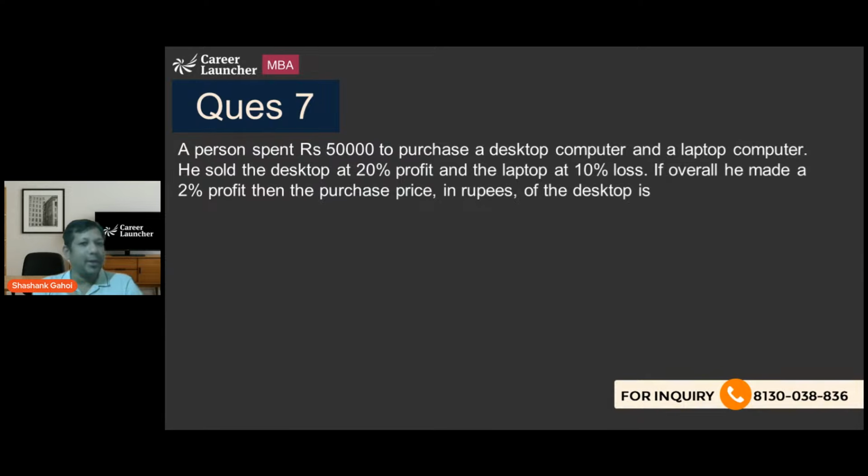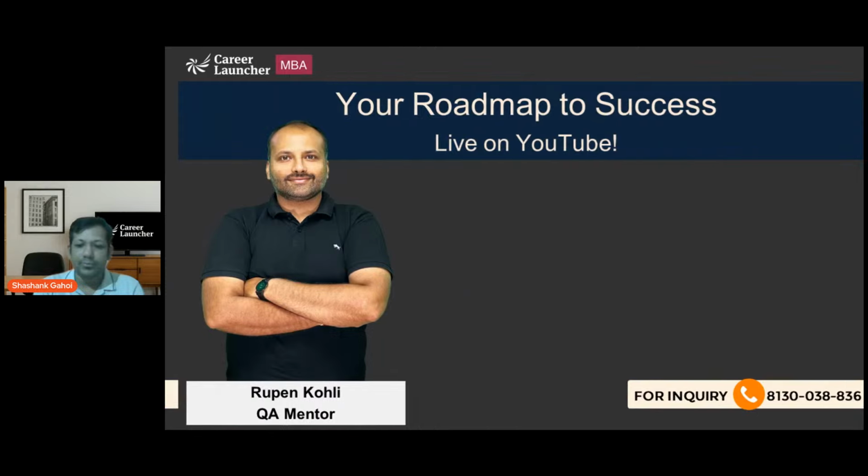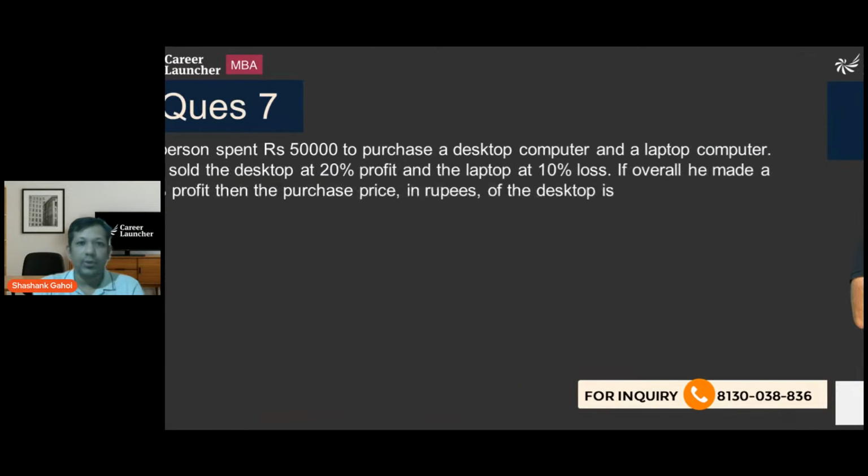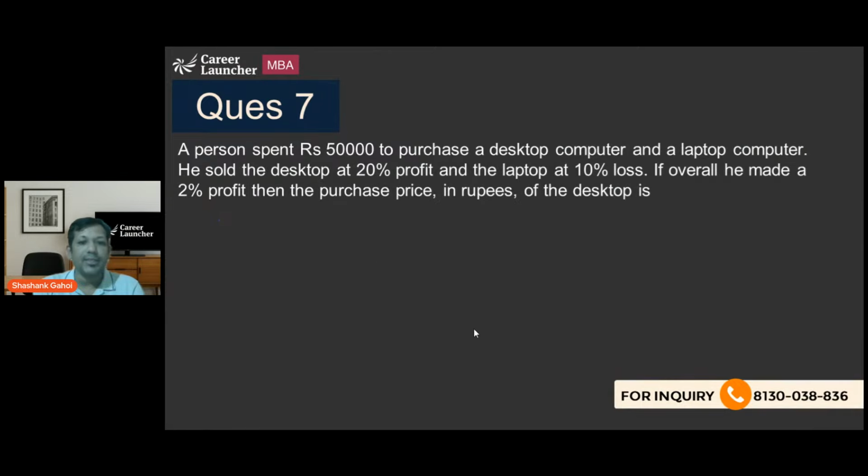A person spent 50,000 on a desktop and a laptop. So his total cost price is 50,000. Out of this he is buying a desktop, that is D, and the laptop should be 50,000 minus D. Let me read the question to check whether I am assuming right.